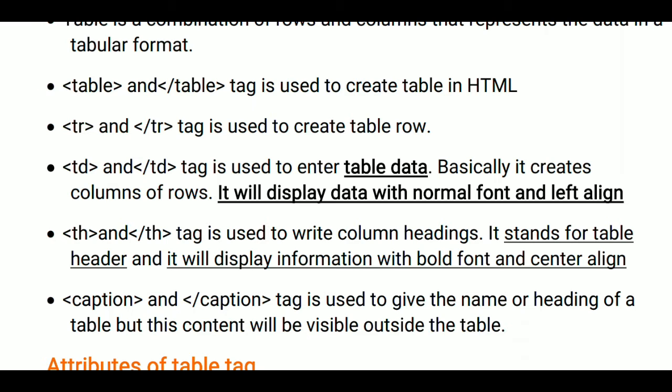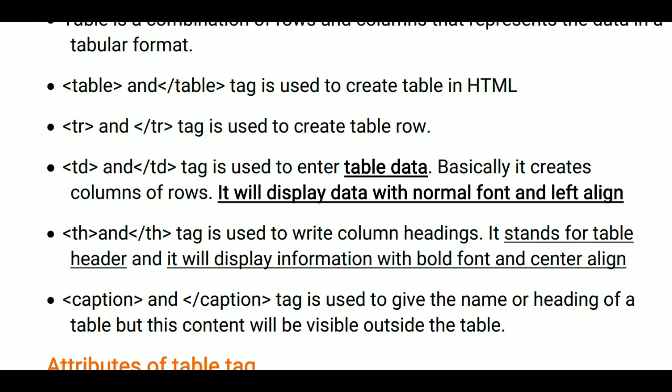So basically we can use both th and td tags to create columns or enter data, but the th tag is used for the column heading. We can set the first row of the table with the help of the th tag, and then to enter data in the table we use the td tag. How this is possible, we'll see further.